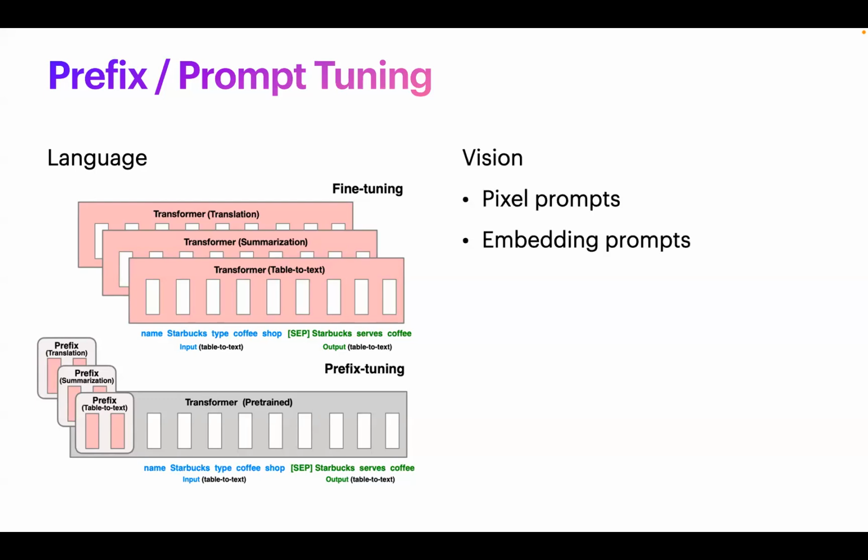You can do this in vision tasks as well, and for vision foundation models. So we show two cases where a vision prompt can be learned via pixel embedding space.